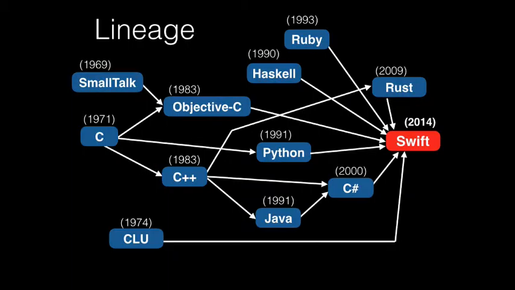A lot of programming languages stem from C, and Objective-C, of course, is one of them. The reason that Objective-C is around at Apple is because it was adopted by Steve Jobs' company NeXTSTEP after he left Apple. And then when Steve Jobs came back to Apple, the software from NeXTSTEP became part of Apple's operating systems. So Objective-C has been carried along for a long time.